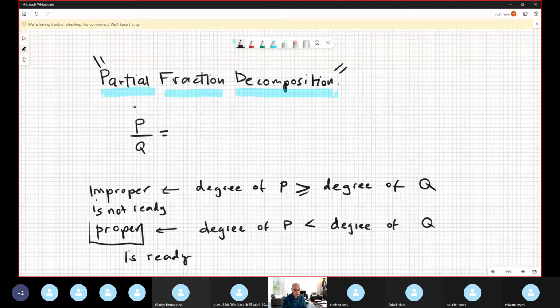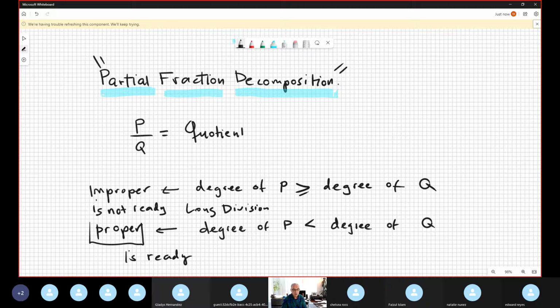The only thing you should do is perform the long division. So you are doing long division now. So we have the quotient plus remainder divided by the divisor q.